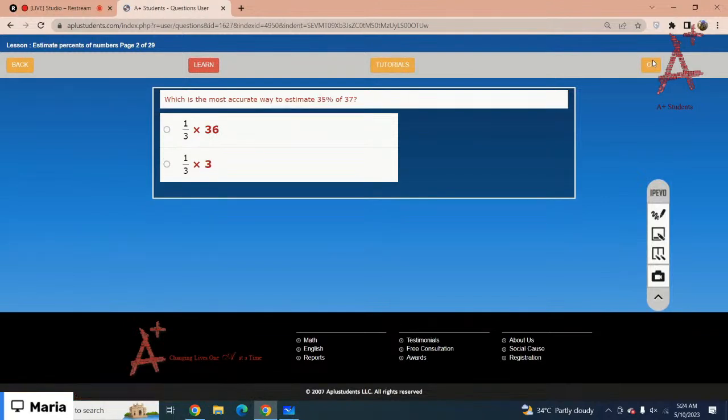Okay, the next one is, which is the accurate way to estimate 35% of 37? So which is the correct option, option 1 or option 2?